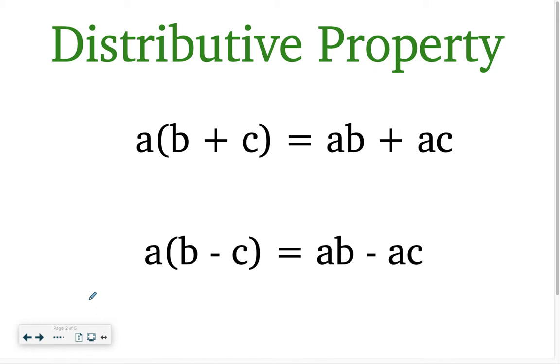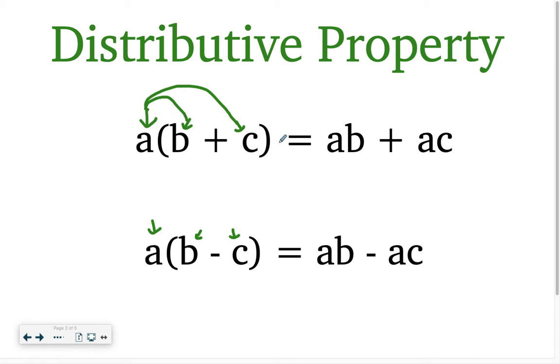So the distributive property is when you have a number outside of parentheses, and then inside the parentheses you have a number plus a number or a number minus a number. The way the distributive property works is you are going to multiply or distribute that outside number to everything that's inside those parentheses.